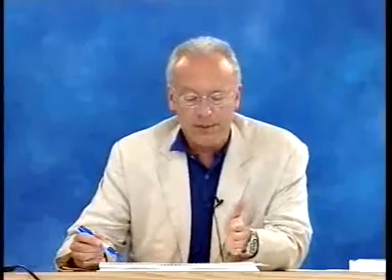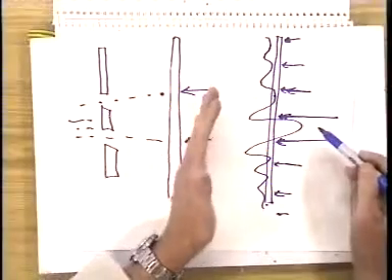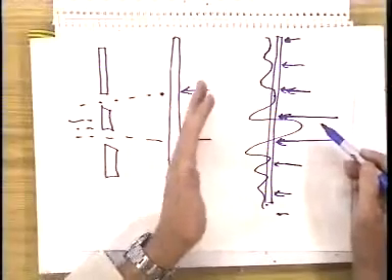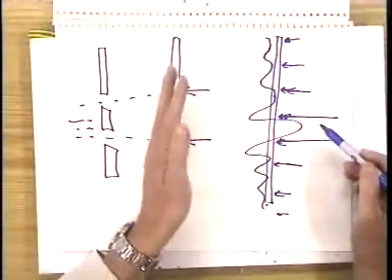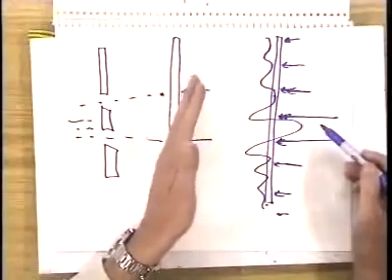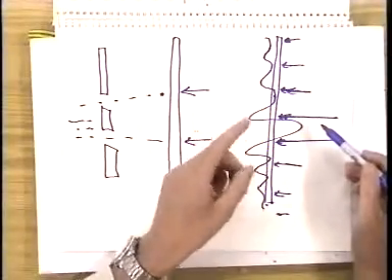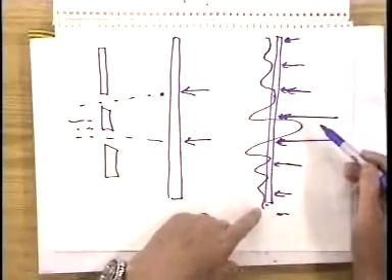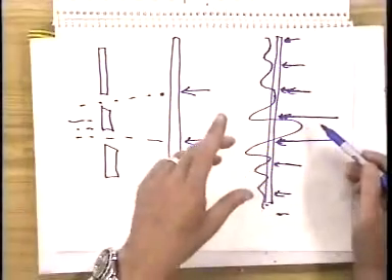So what is being transmitted from here to the detector is a traveling wave of probability. The probability that the particle will be found at a particular location.